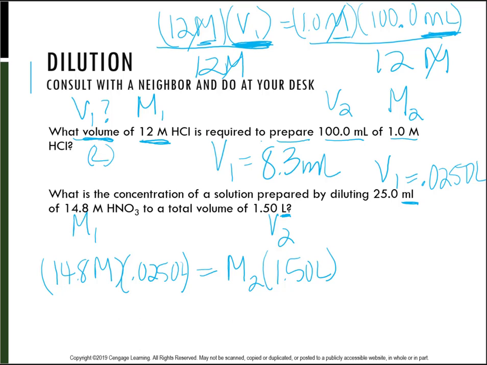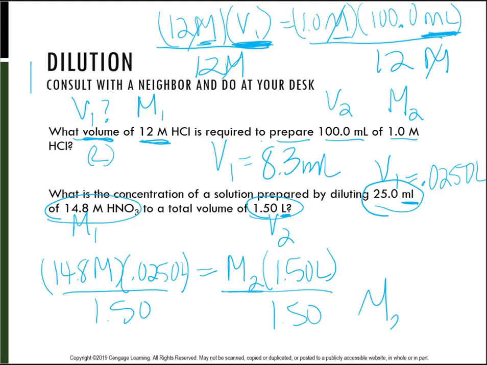Okay, so I found that this was my first volume and this was my first concentration, and this was my second volume. I need to find my second concentration. And you should have gotten a concentration of, with 3 significant figures, 0.247 moles per liter.